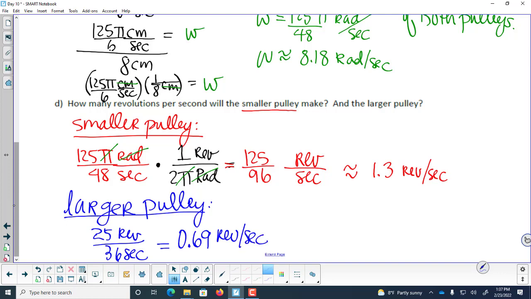Okay, so revolutions, rotations goes with angular speed. You do not use radius. Radius you use for linear speed. Okay. Questions? I guess in this situation we did have to use the radius, but the idea of angular speed doesn't involve the radius.